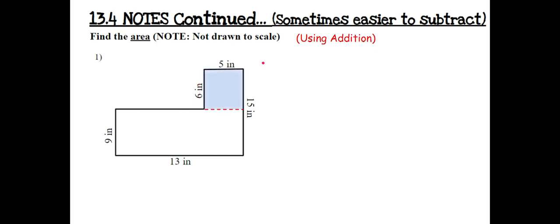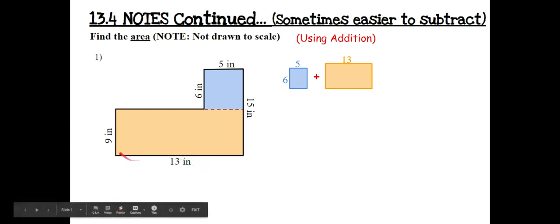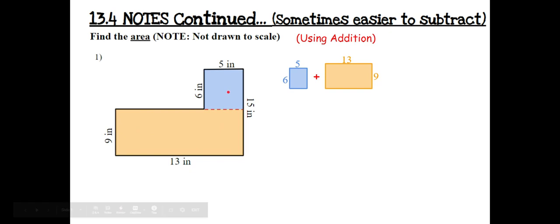So that top blue rectangle and that bottom orange rectangle, if we add those two together, the top blue, which is 5 by 6, and we also add that bottom orange rectangle, which is 13 by 9, I'll get my total area of this composite shape, which looks kind of like an L.